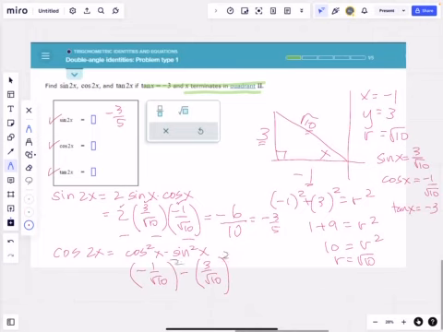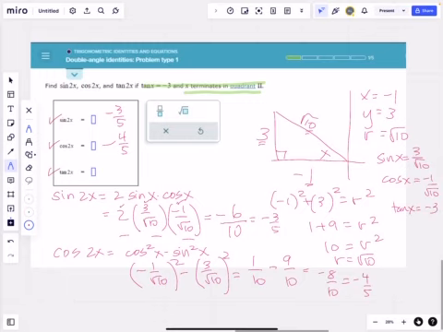If I square that first piece, it would be +1 over 10, and if I square the second piece, I'm going to have 9 over 10. And so I've got 1 over 10 minus 9 over 10, and that's going to give me -8 over 10, or -4 over 5.